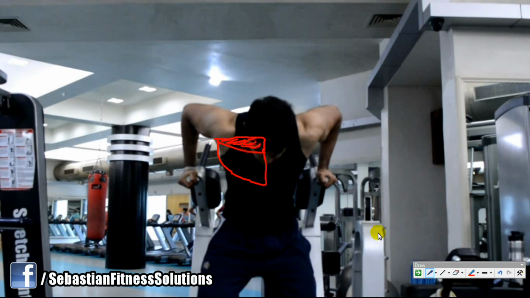And then you've got the sternocostal pec, which originates from the sternum and the costal cartilages, and inserts into the same common insertion point, which is the bicipital groove, right? Again, ugly drawing, but bear with me on this, guys. So right here.